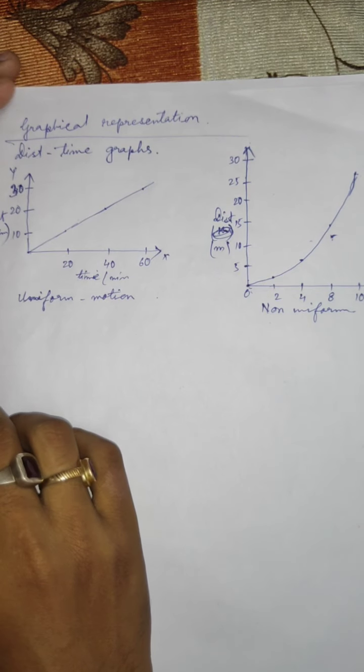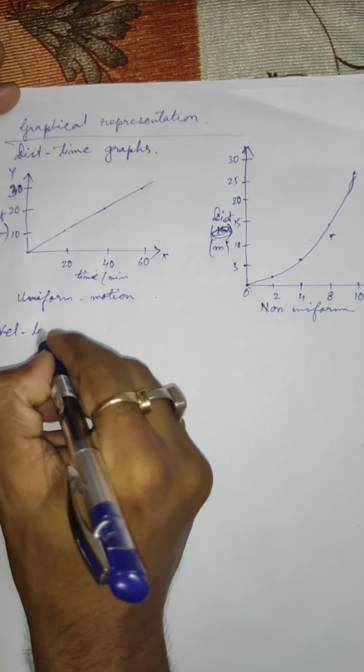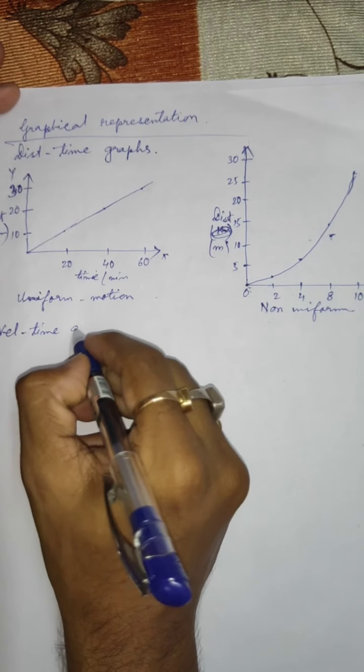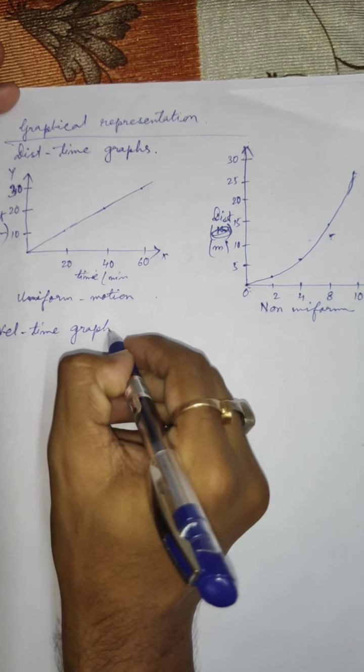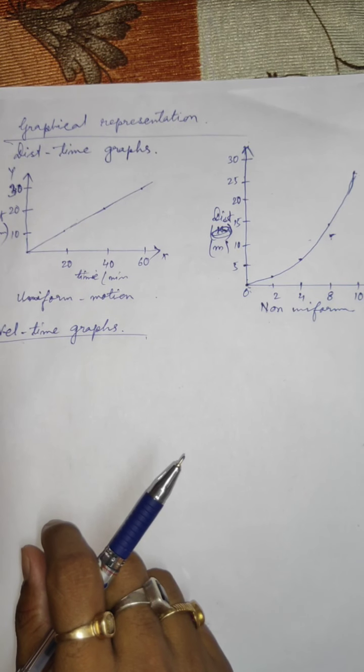Next come to the velocity time graph. Now in velocity time graphs, there are also two cases of motion we shall get, uniform and non-uniform motion. So first start with uniform motion.